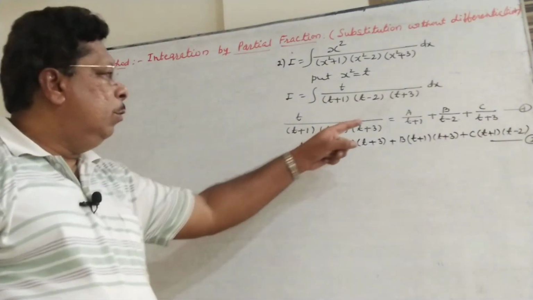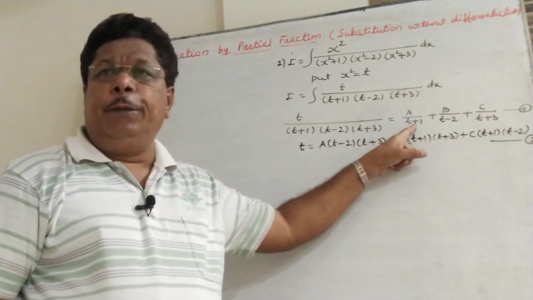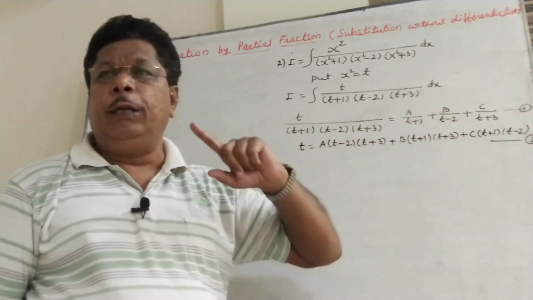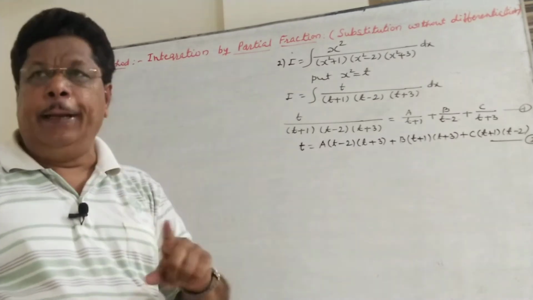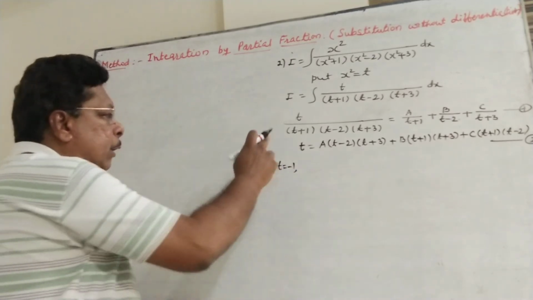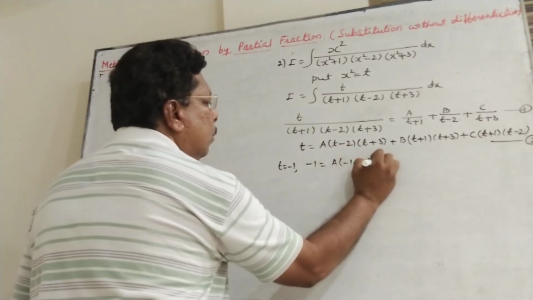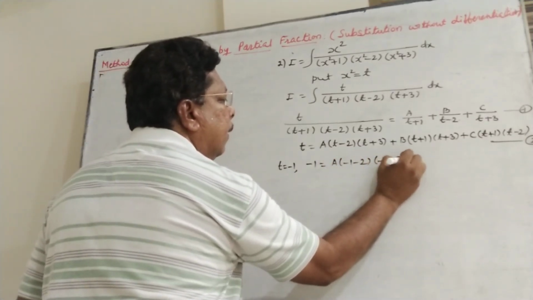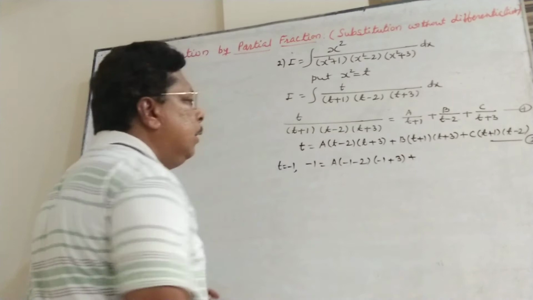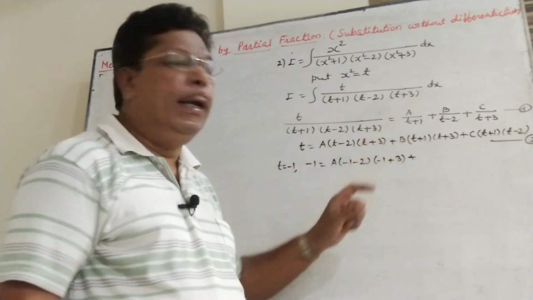Okay, now observe the denominator of a, that is t plus 1. So put t plus 1 equal to 0, it means t equal to minus 1. If we put t equal to minus 1 in equation 2, you will get the value of partial fraction constant a. Equation 2 becomes minus 1 is equal to a into minus 1 minus 2, minus 1 plus 3. Here t plus 1 is minus 1 plus 1, 0, and 0 multiplied by any term is 0.